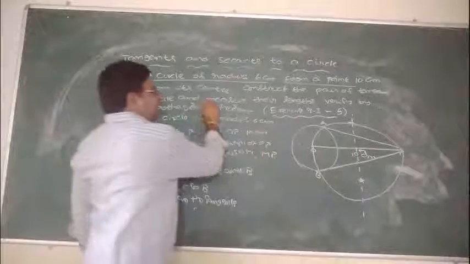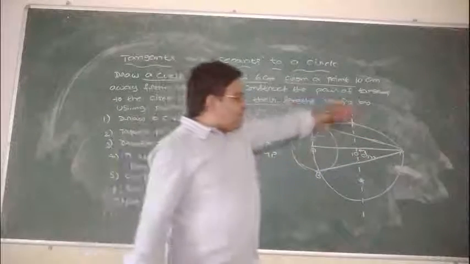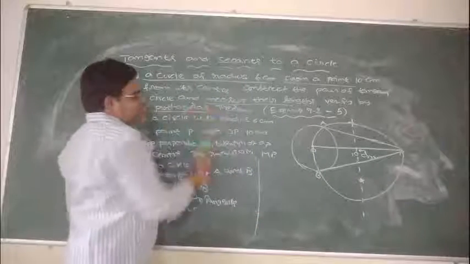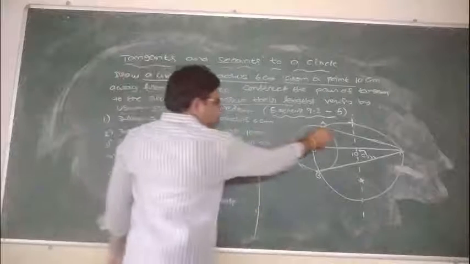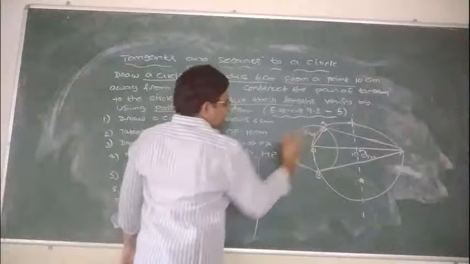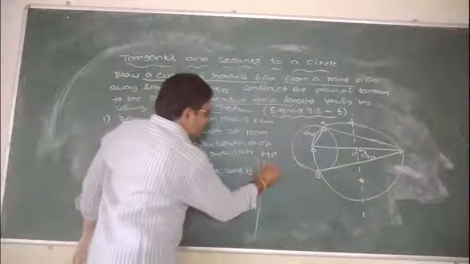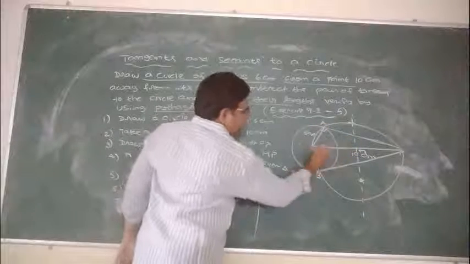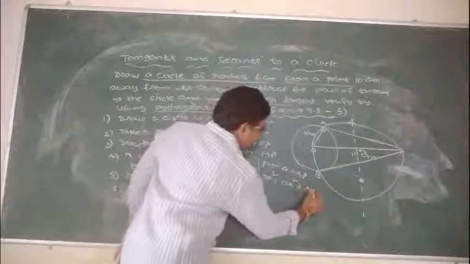Finally, measure their lengths. You measure the PA length and PB length with the help of the compass. Then, using the Pythagoras theorem also, verification is asked. Here 90 degrees is there. How to calculate? Join OA. This length is already given as 6 centimeters. Now your question is PA. From triangle OAP, OP square equals OA square plus AP square.